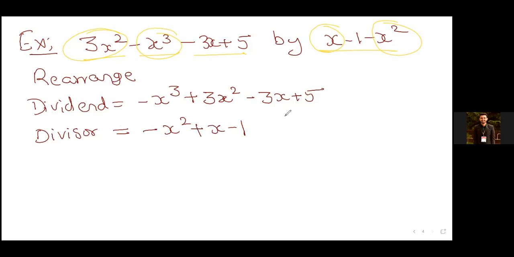Just rearrange these terms, and now do the division process. What is the remainder? Can anyone do the division process and tell me what remainder we get?